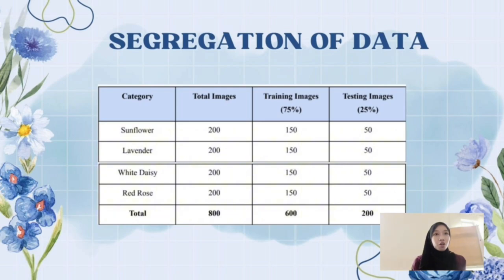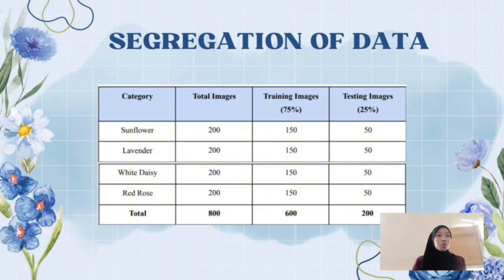Next, for the segregation of data, our dataset consists of 4 flower categories, which are sunflower, lavender, white daisy, and red rose. Each category contains 200 images, so the total number of images used in this project is 800.